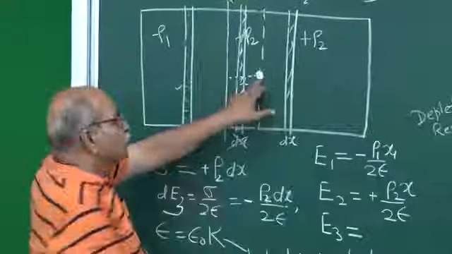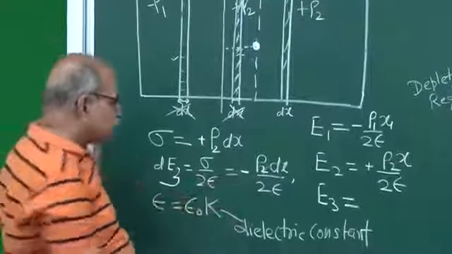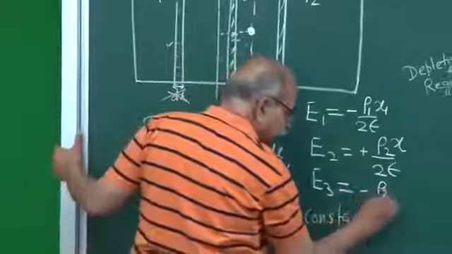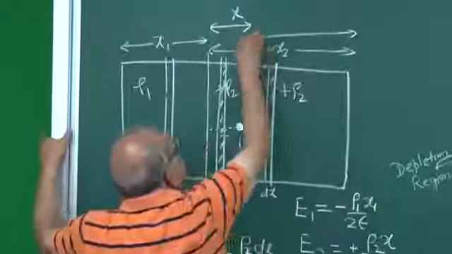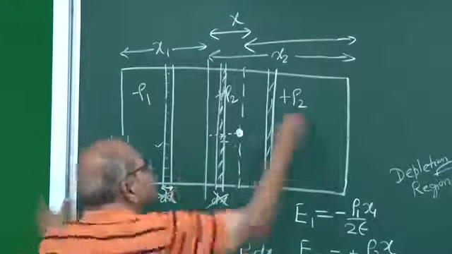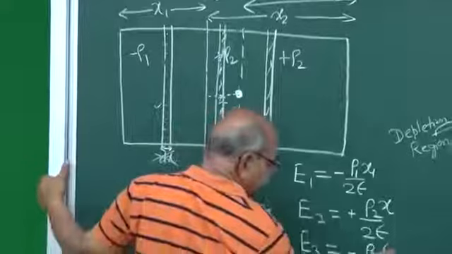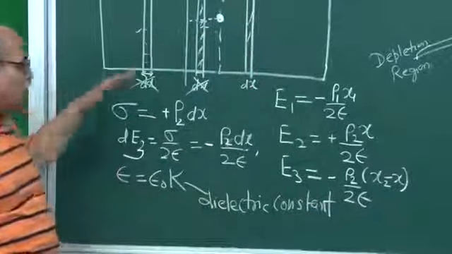So the third part is the electric field due to this much, and when you integrate, you will have minus rho 2 over 2 epsilon, and then dx, which when integrated gives this length. How much is this length? This length is x2 minus x. So E3 will be minus rho 2 over 2 epsilon times (x2 minus x). Now I have all three contributions.